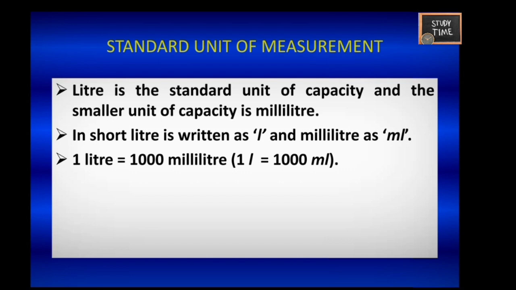So I have used capital M and capital L in some places to show the difference. Actually you have to write L in small letter and ml in small letter. 1 liter equals 1000 milliliters.